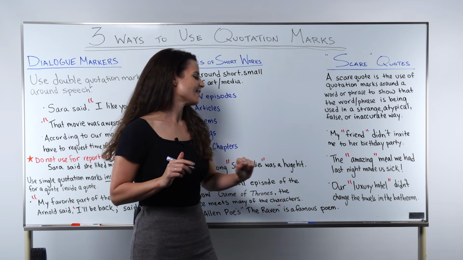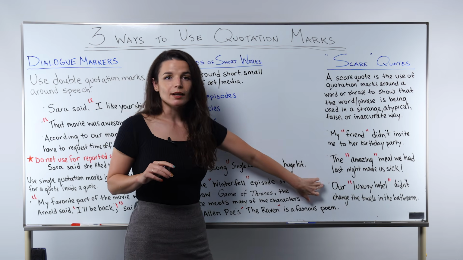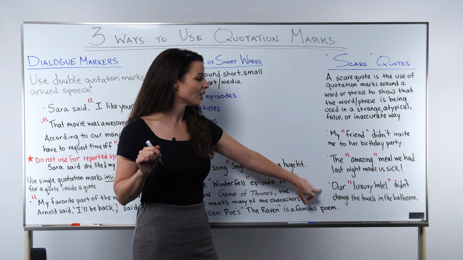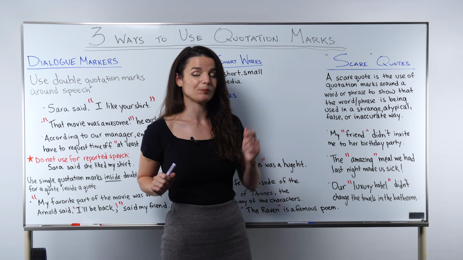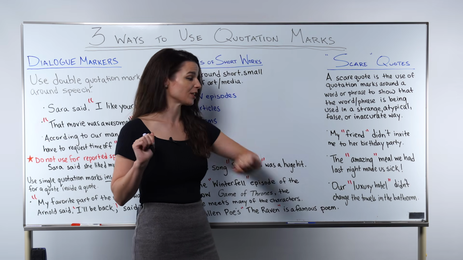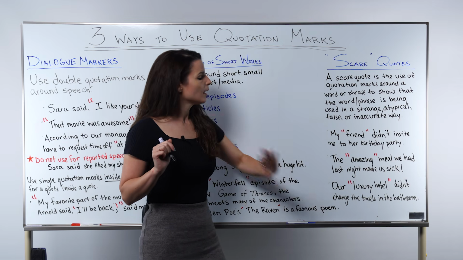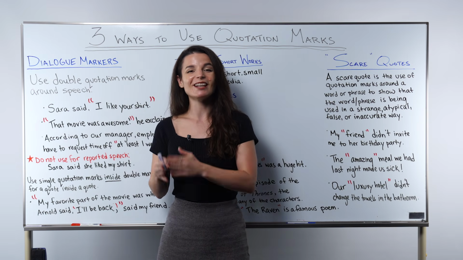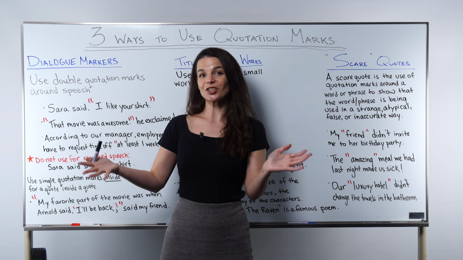Okay, last example of this is with a phrase. Our luxury hotel didn't change the towels in the bathroom. So in this sentence, we're talking about a location that is supposed to be luxurious, right?